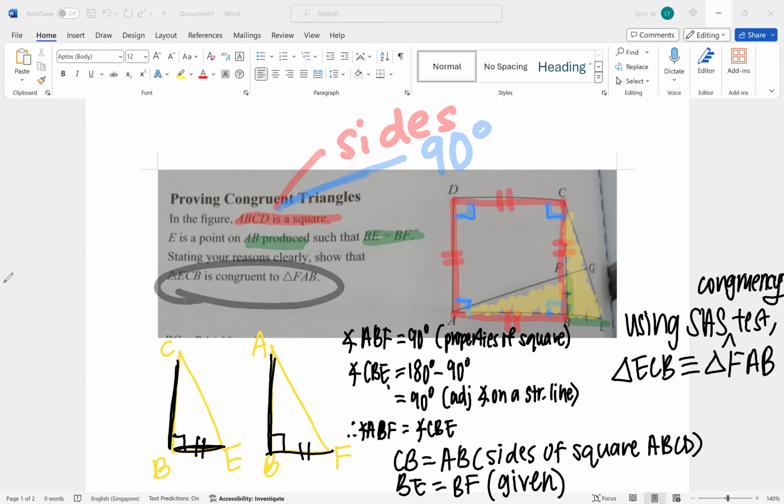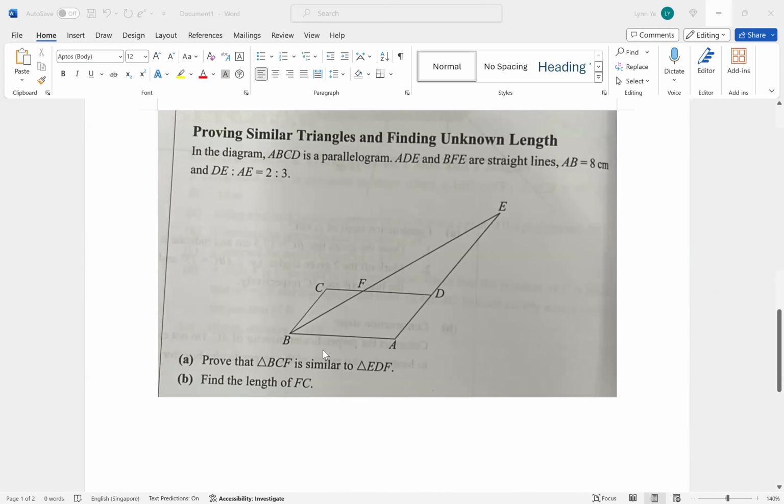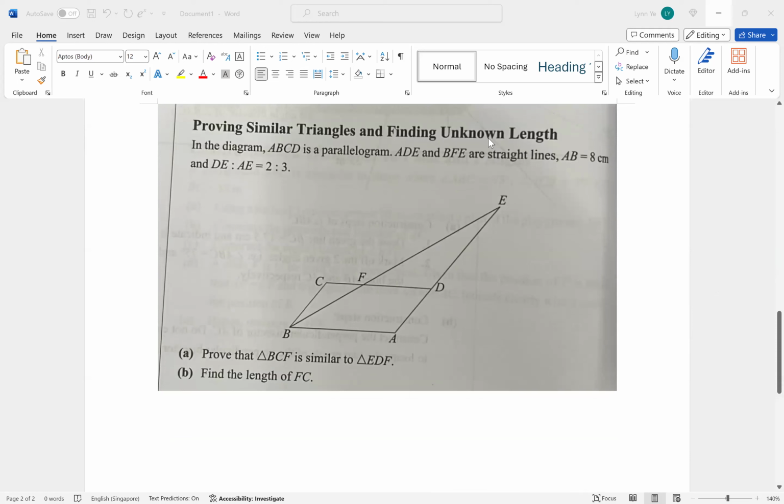Now we'll move on to the next one. Okay, so right now over here, they say that ABCD is a parallelogram. So you must always read the question. So what is the properties of parallelogram? Who is parallel with who? So beside parallel, what else also that we can say about CB and DA?